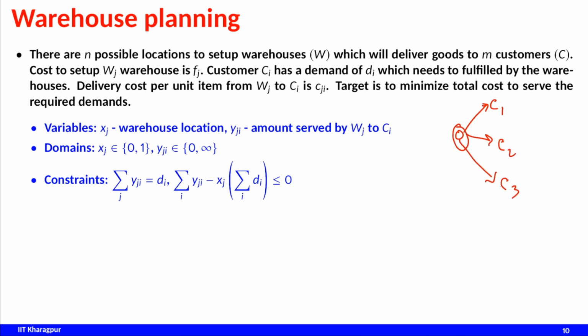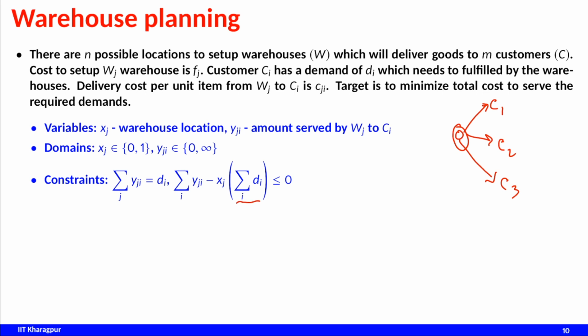I just want to find out how much it can actually serve. And if I look at it the other way, there is the demand di for each of these places, and the sum of the demand over all i should be more.